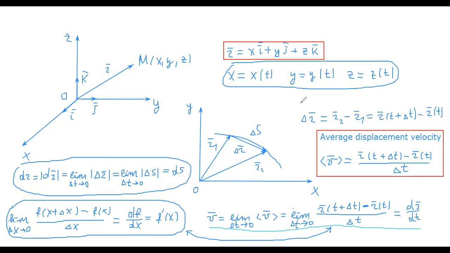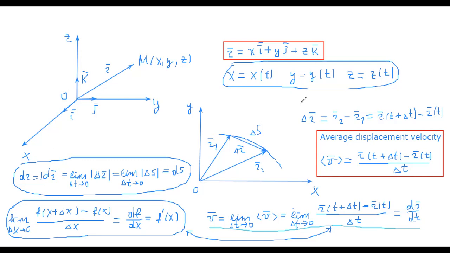For example, we are riding by car from A to B, and we want to know how much time it will take to get from A to B. To calculate this time, we need to know velocity.